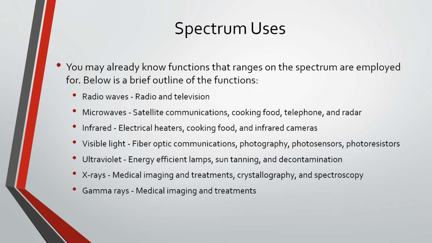Crystallography and spectroscopy are two different sciences where X-rays are utilized. Gamma rays can be used in medical imaging and treatments. Gamma rays can also be used to decontaminate food, a process called irradiation. For our purposes, we are most interested in X-rays.